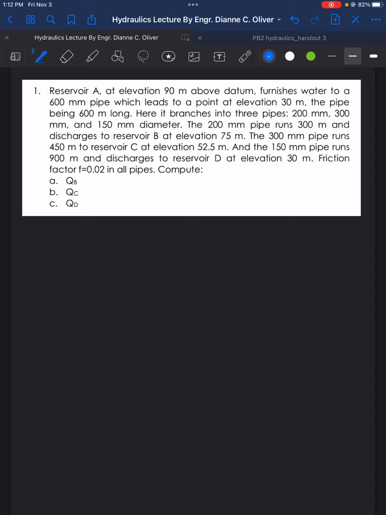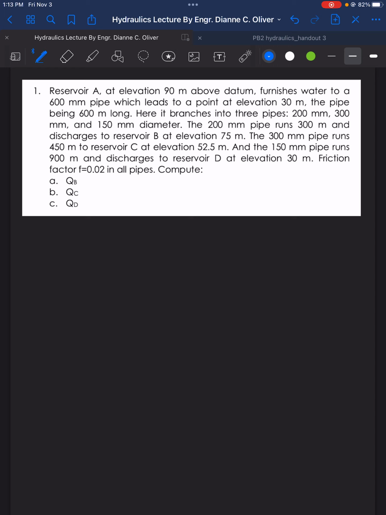The 200 mm pipe runs 300 meters and discharges to reservoir B at elevation 75 meters. The 300 mm pipe runs 450 meters to reservoir C at elevation 52.5 meters. And the 150 mm pipe runs 900 meters and discharges to reservoir D at elevation 30 meters. Friction factor f is equal to 0.02 in all pipes.